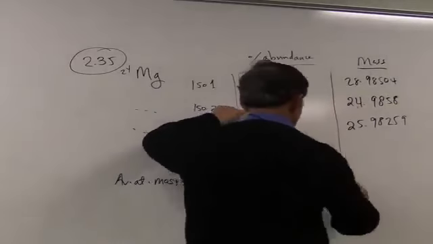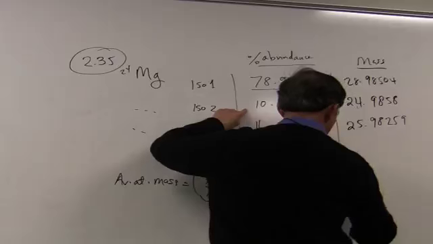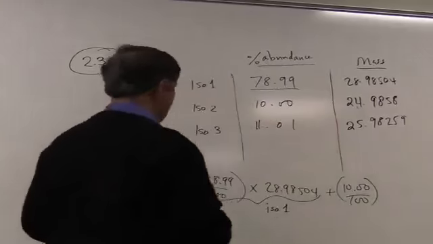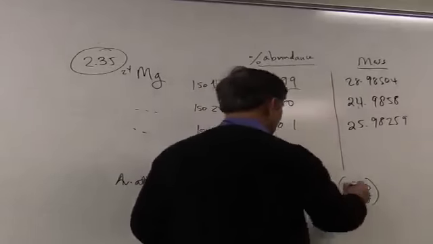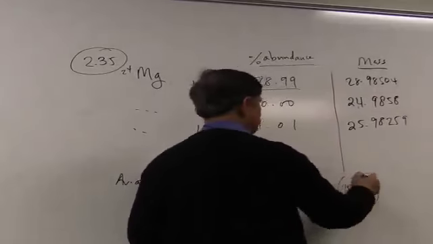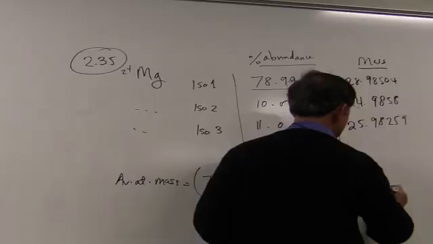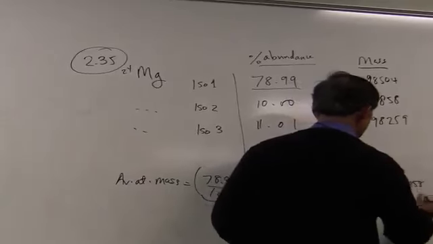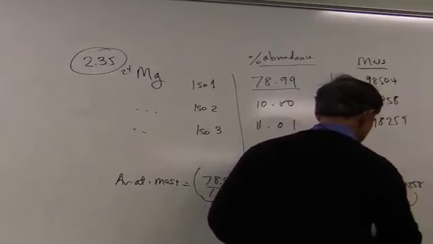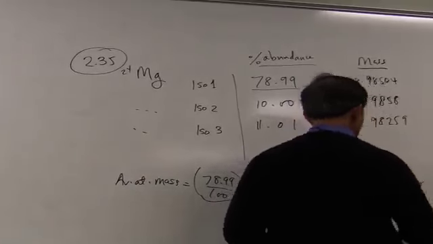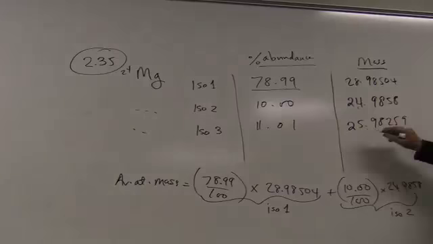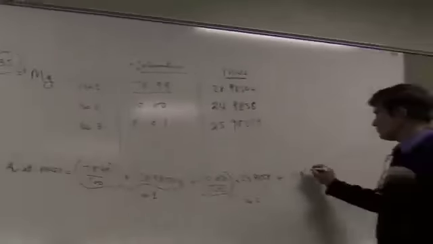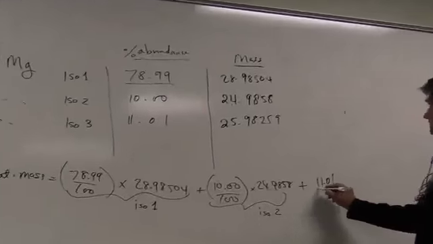For isotope 2, 10.00, so 10.0, again divide by 100 to get the fractional abundance. And the contribution of the mass for this fraction will be this multiplied by 24.9858. So this is the second isotope. And the third contribution is coming from the third isotope, which is 11.01 divided by 100.